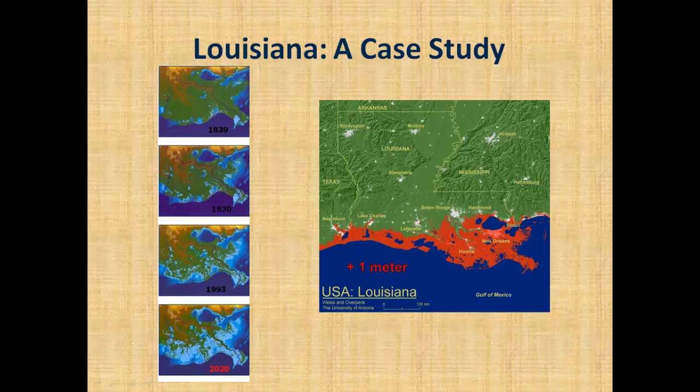Now, quickly, I'm going to talk about a case study. We're going to talk about Louisiana. So, Louisiana, obviously on the coast. You see here on the left how much of Louisiana has been eroded since 1839, all the way projected to 2020. And you see here in red how much is gone of Louisiana.